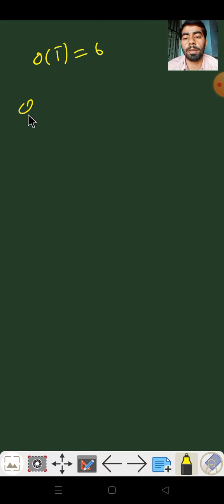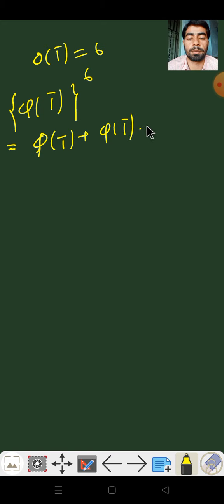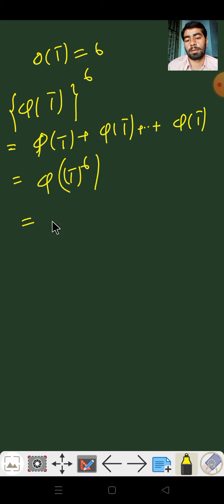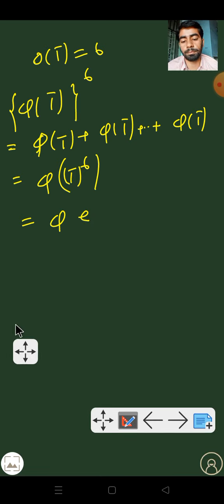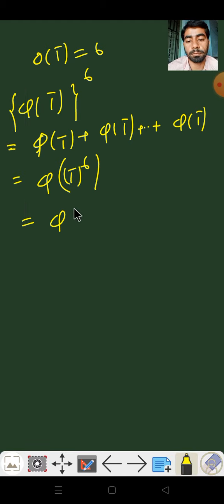Now phi of class 1 to the power 6 equals phi of class 1 plus phi of class 1, 6 times, which is nothing but phi of class 1 to the power 6, that is phi of e, the identity element in Z6, which is class of 0, and which is class of 0 in Z4.